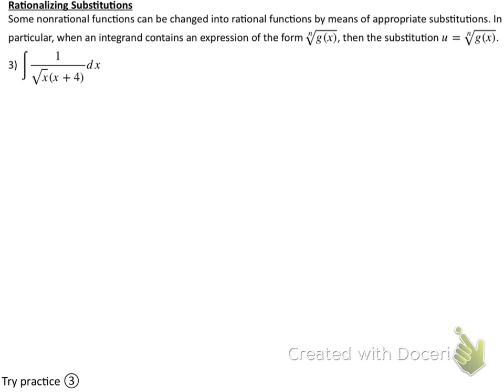When the functions are not rational, but somehow you are able to change it into rational, do that. Because as soon as you get the rational, again, quotient of polynomials inside, you can just do what we did in these two lectures.